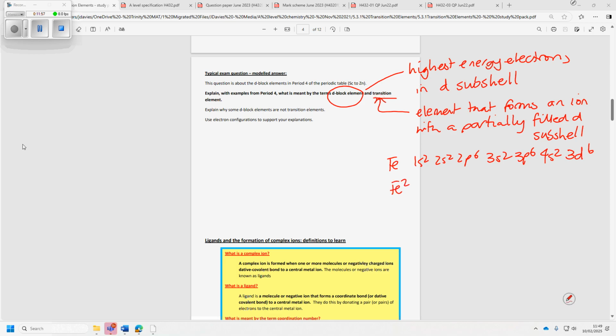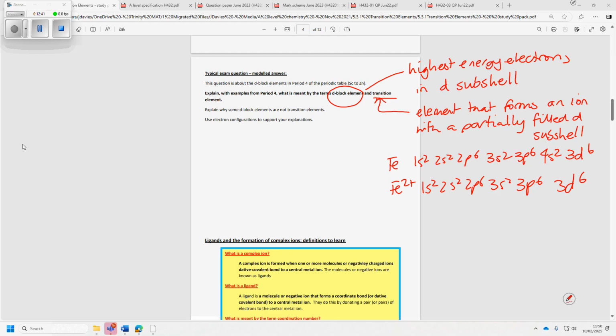Iron in a 2+ oxidation state is 1s2, 2s2, 2p6, 3s2, 3p6, 3d6. The 4s electrons have been removed. So we've got an element which is D-block: its highest energy electrons are in the D subshell, and it forms an ion with a partially filled D subshell. There are 6 electrons in the D subshell. That will be a good example to use. You can use anything really across that D block, apart from the elements that are not transition elements.